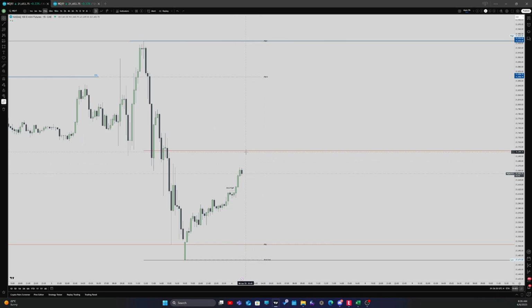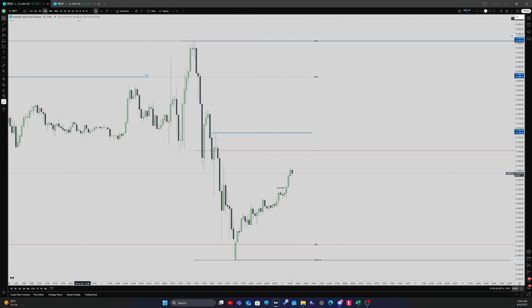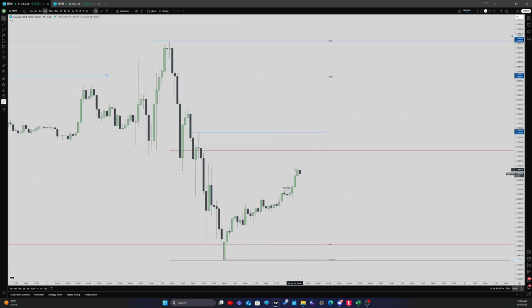This is the move. We do have equal highs here, right? Price could very well have this as drawn liquidity. So this would be a target.